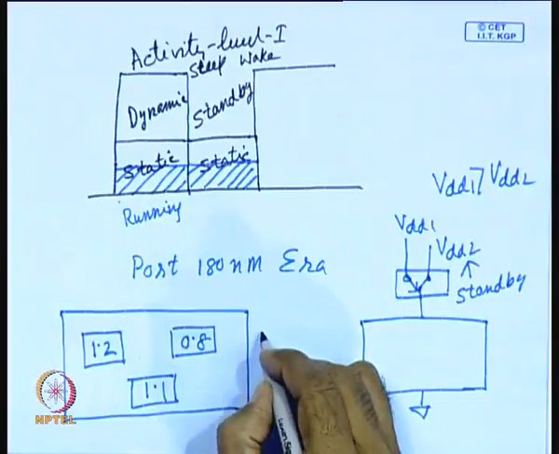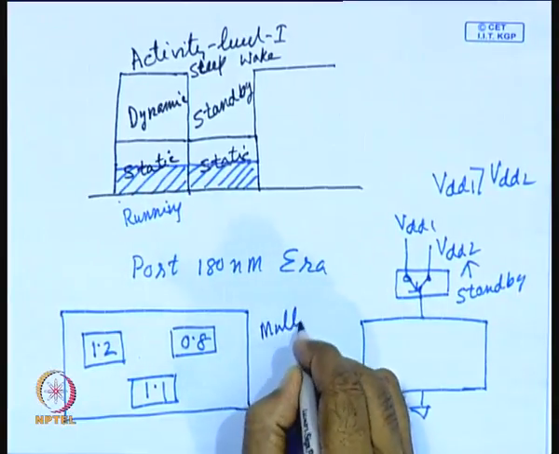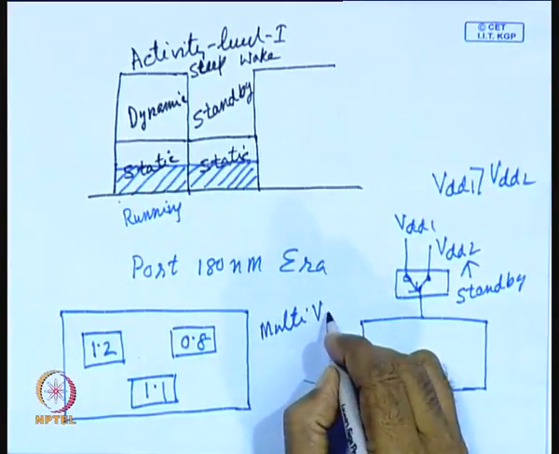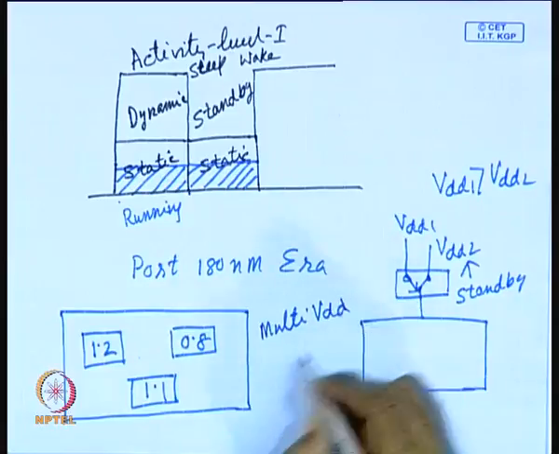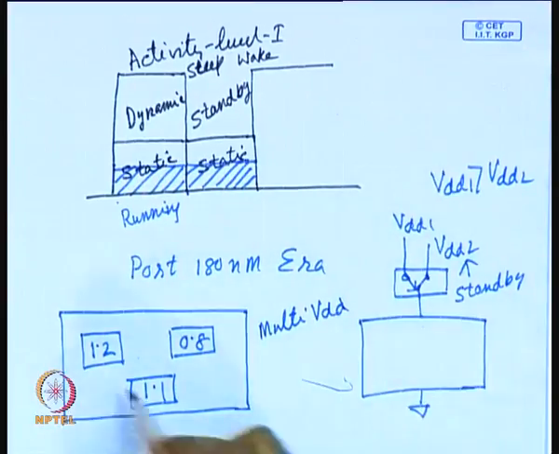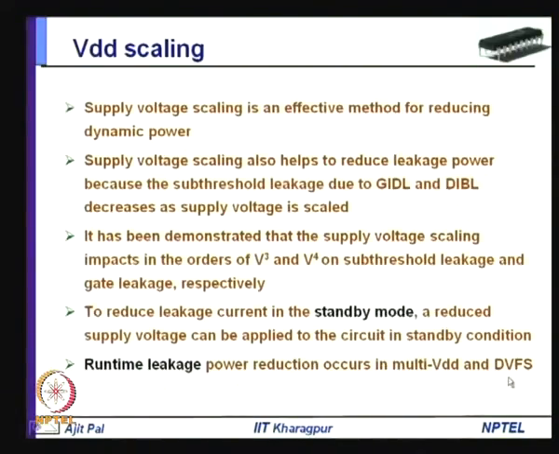So, in your multi VDD circuit, where you have multiple voltage domains, there will be reduction in leakage power. Similarly, whenever you are doing dynamic voltage and frequency scaling, you are dynamically changing the supply voltage along with frequency.